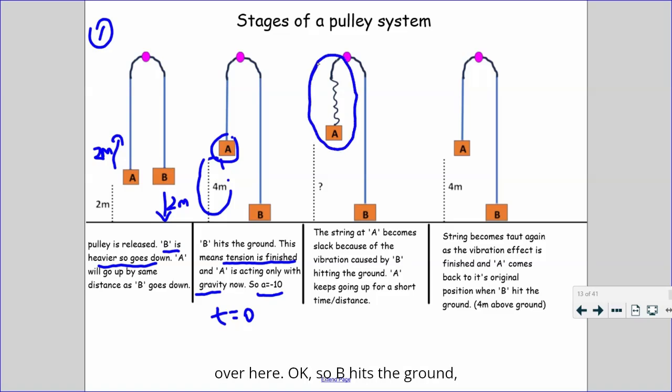So B hits the ground, the string gets a shock effect, and what happens to A is it goes slightly more up from 4. First it was 4 meters when B hit the ground. Now it goes up to maybe 4.4, 4.5, 4.6, whatever. We don't know. So that's something that we will calculate. Because of this vibrating effect, you can see here the string has become slack. It's vibrating.